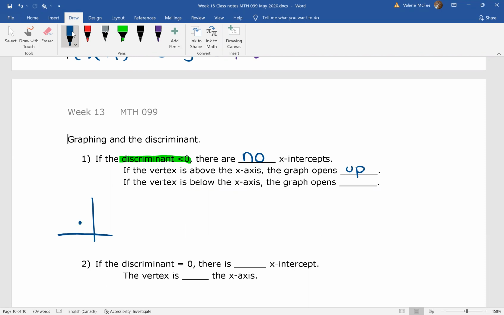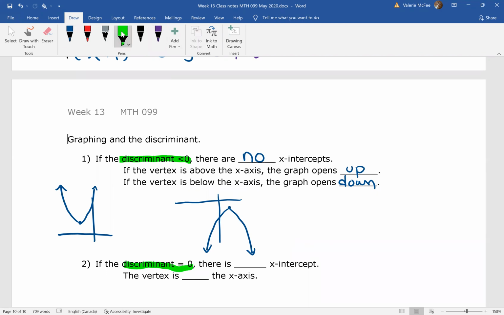It had a vertex above. Since it has no x-intercepts, it has to open up. If the vertex is below the x-axis, then we see that the graph would have to open down.